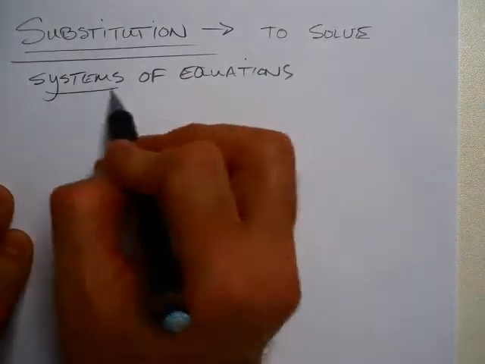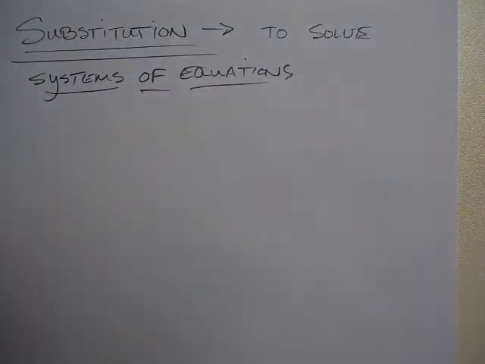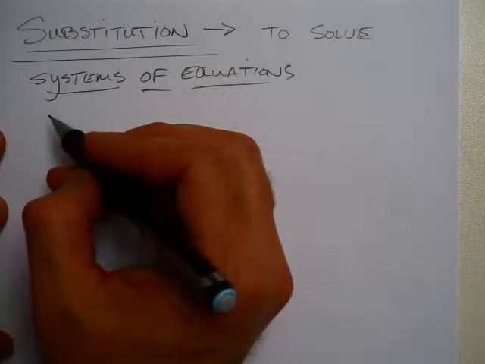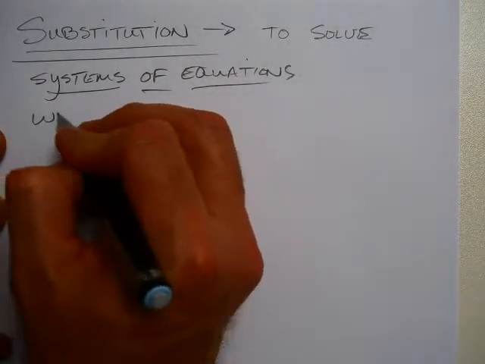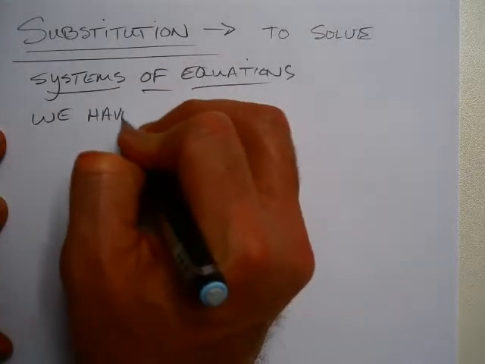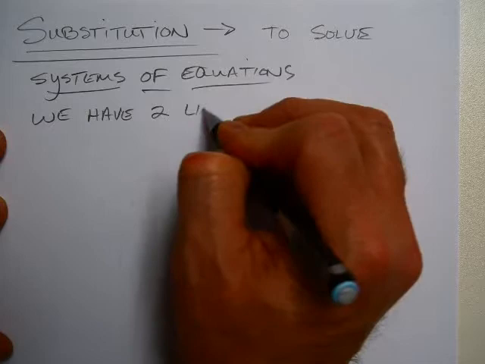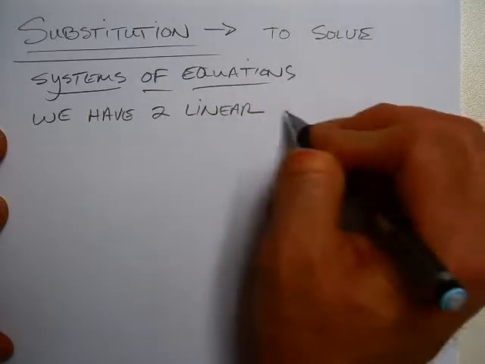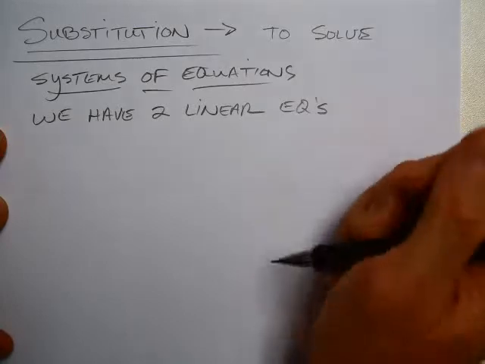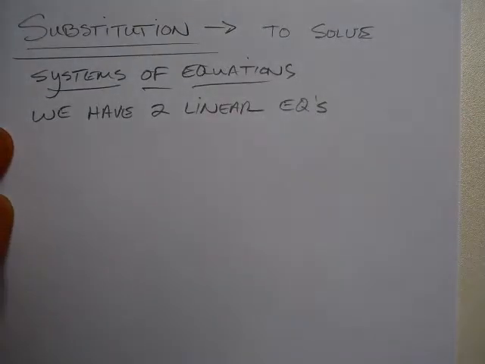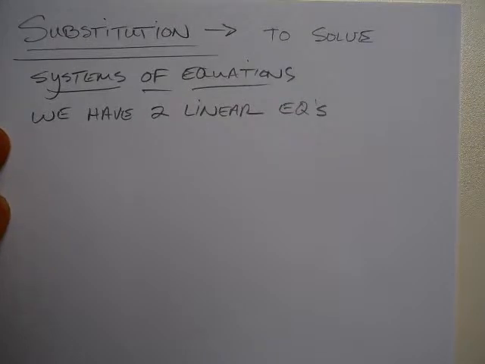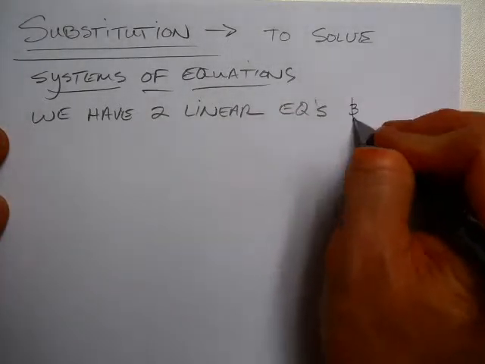Now, I probably need to define systems of equations here for a minute. We've already been working with them, we just haven't called it that yet. When I have a system of equations, what that means is we have 2 linear equations, and we want to know if they have any common solutions. And if you haven't noticed, we've been dealing with linear equations since like last September, maybe even August, in one way or another.